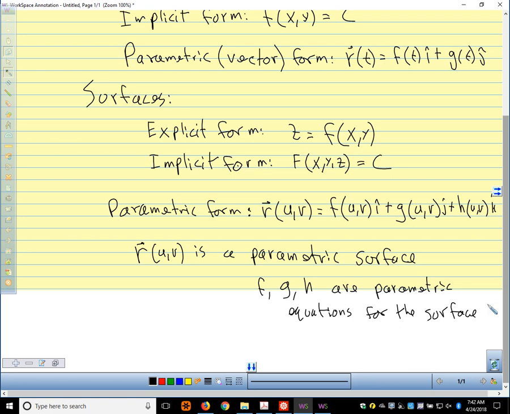We can think of this just like we did with parametric equations for a curve and vector-valued functions for a curve. The parametric equations are the components of our vector-valued function.